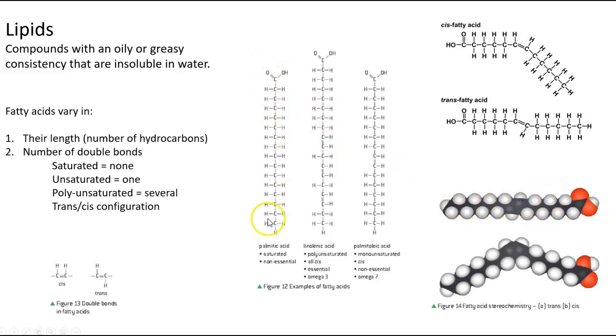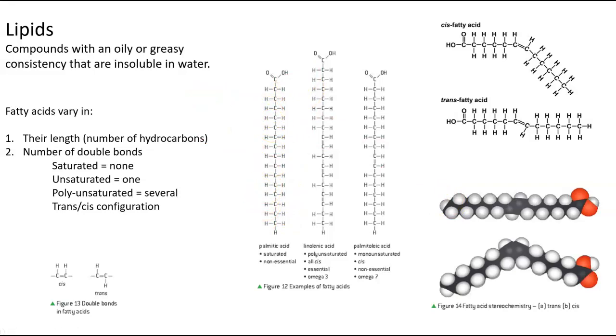So both saturated fatty acids and trans unsaturated fatty acids are straight, and that means that you can pack them more densely together. So lipids that have mostly saturated fats become more dense.